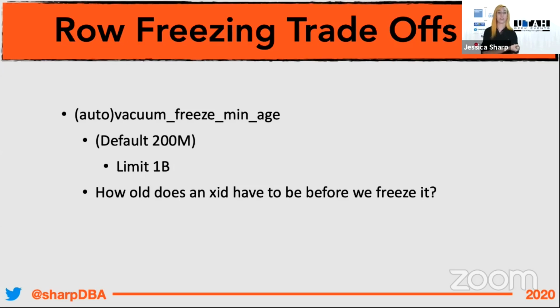The default is 2 million. This says how old the transaction ID has to be before we freeze it so that we can reuse that space in the block on the file.